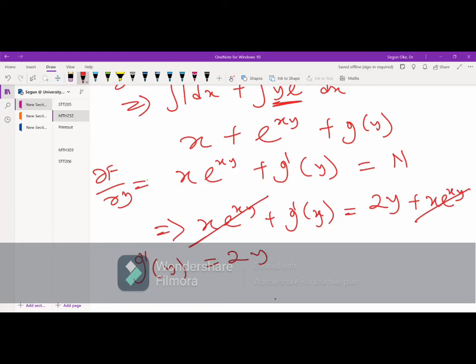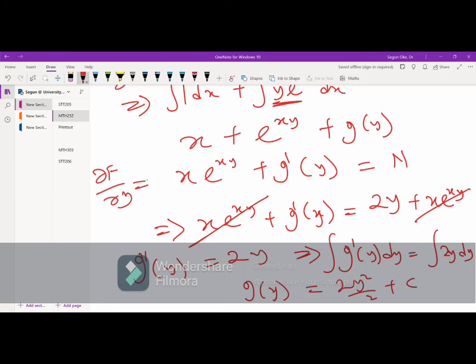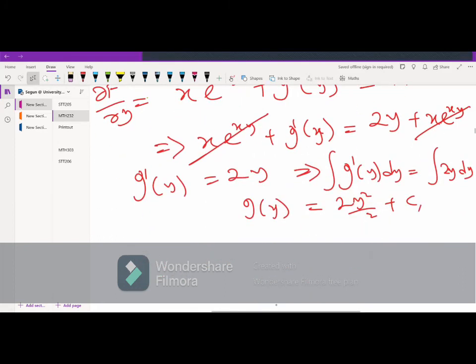So you can go ahead and integrate both sides. Integral of g prime of y dy equals to integral of 2y dy. So here we have g of y equals to 2y squared over 2 plus c1 or whatever you name it. G of y equals to y squared.